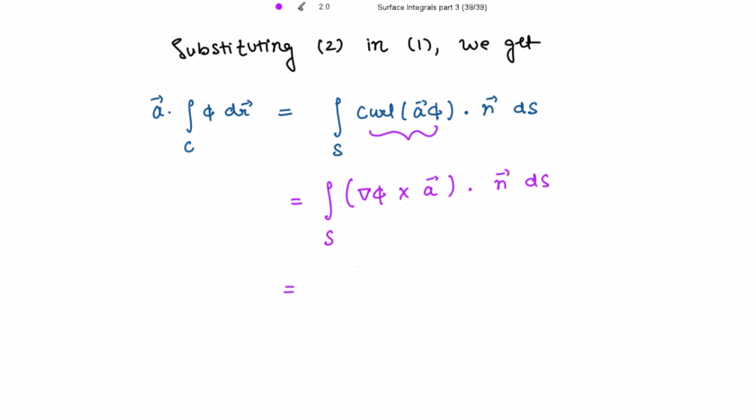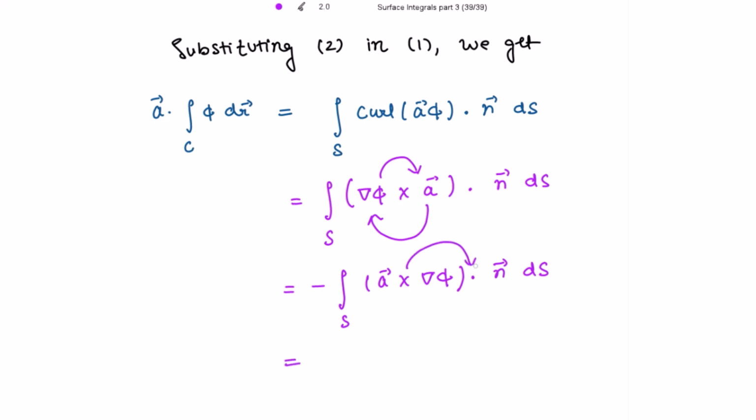So this is equal to, if I interchange these two, I get the negative sign. So it is negative of the surface integral of A vector cross product with del phi and having its dot product with n vector. In the next step, shifting this cross to this and this dot to this. This is the result that I'm going to use.